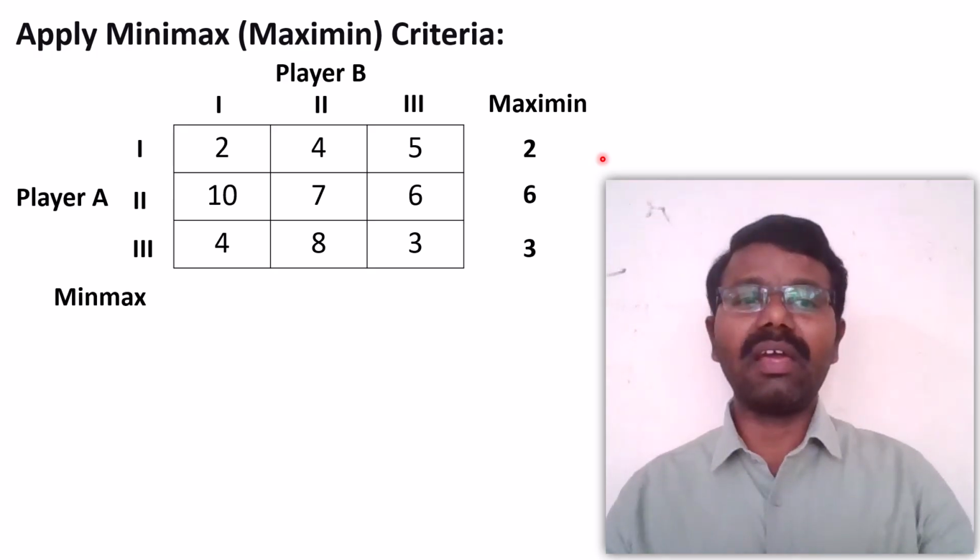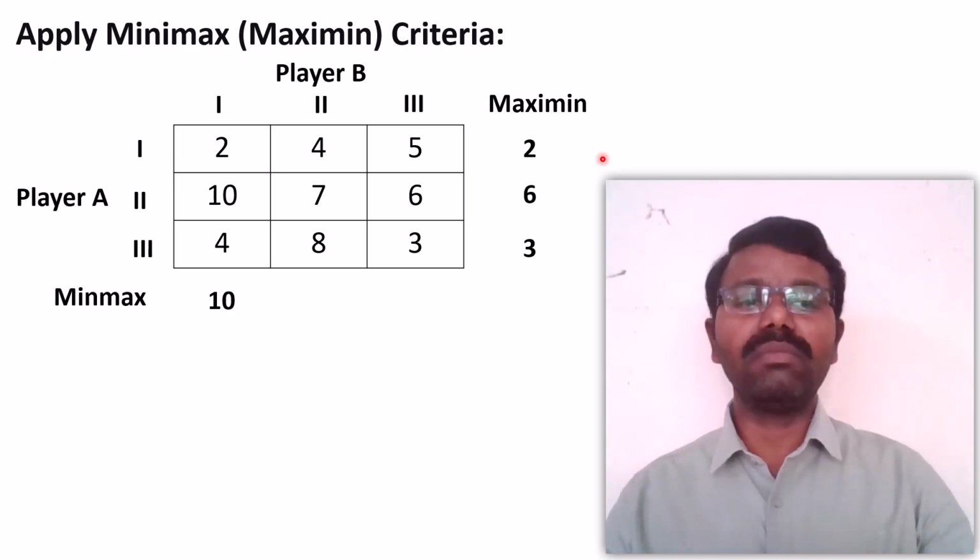In a similar manner, for the columns, the minimax value represents minimizing the maximum losses. We see it column-wise.